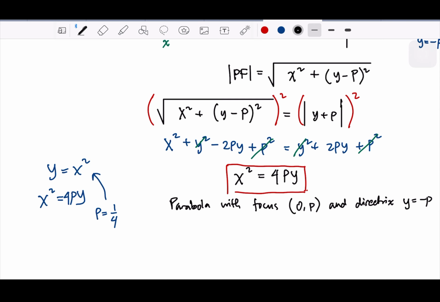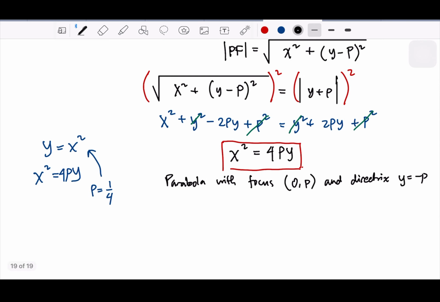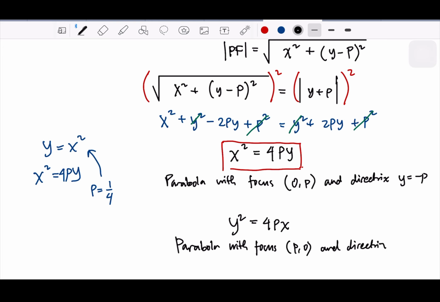In the same way, we can have y squared equals 4px. We rotate the parabola, right? So this will be a parabola with focus (p, 0) and directrix x equals negative p.